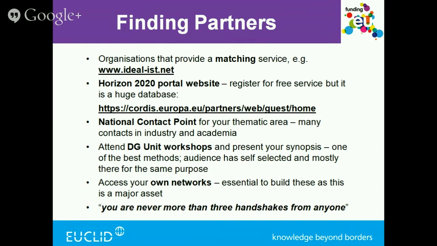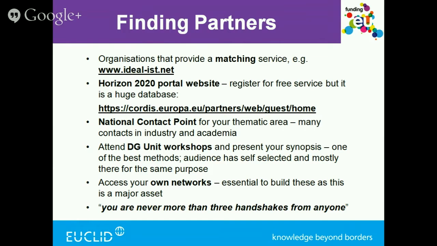National contact points. Now, the way the national contact points work, just as a small point, is that, as you know, there is or should be a national contact point for each of the transnational programs within each member state. Horizon 2020 is so huge that there are national contact points for each of the thematic areas. So within every member state, you'll find that there are probably at least a dozen, if not more, contact points.